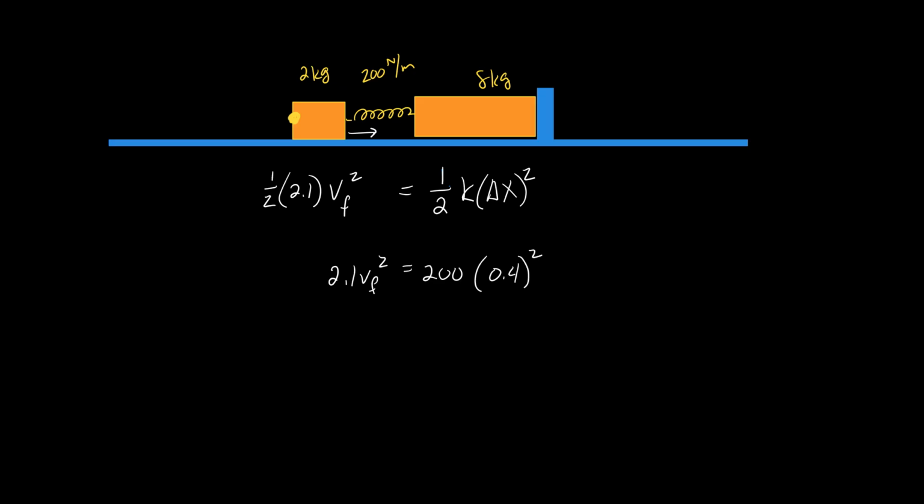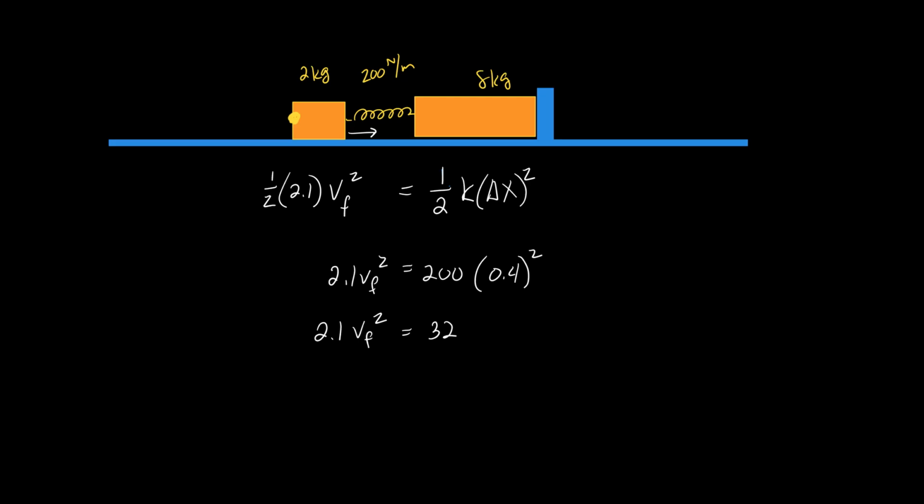Is that good? Okay. 0.4 squared is 0.16 times 200. Is it 32? It is 32? Excellent. The old man can still add.